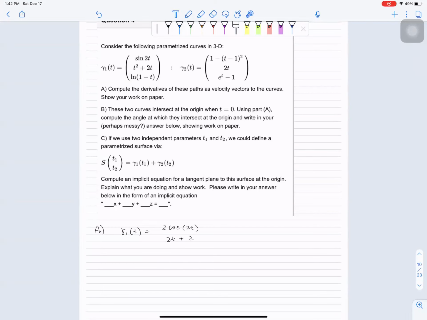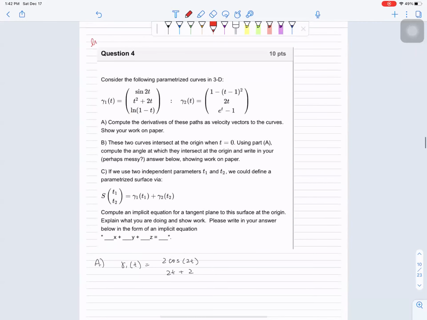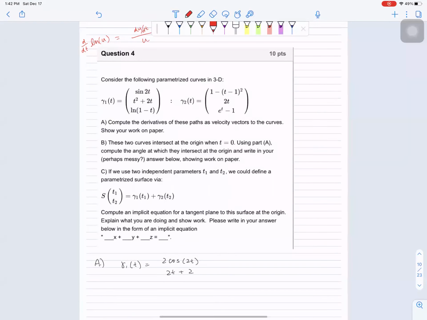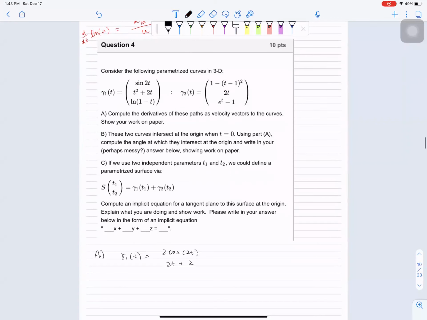And for the derivative of natural log, in general for chain rule, remember the derivative of natural log of u is the derivative of u over the actual u. The derivative of the inner thing is -1, over the actual whole thing, 1 minus t. Oh, I should put a prime here.